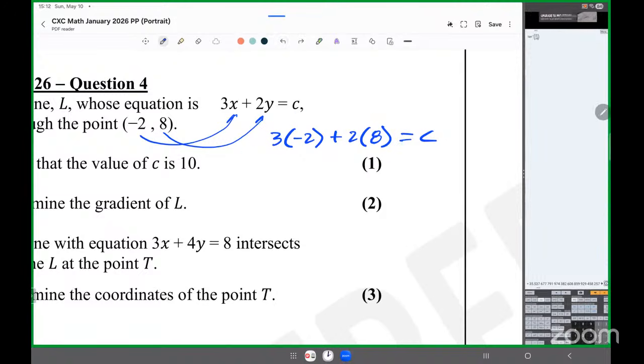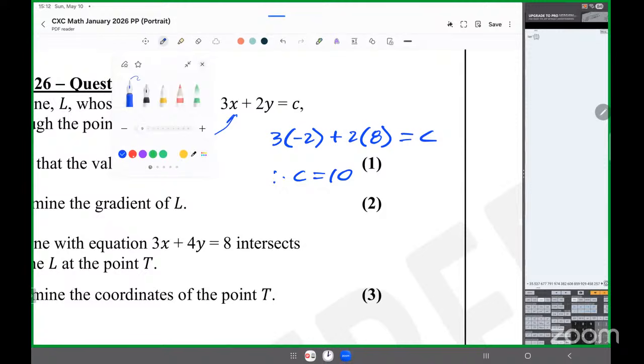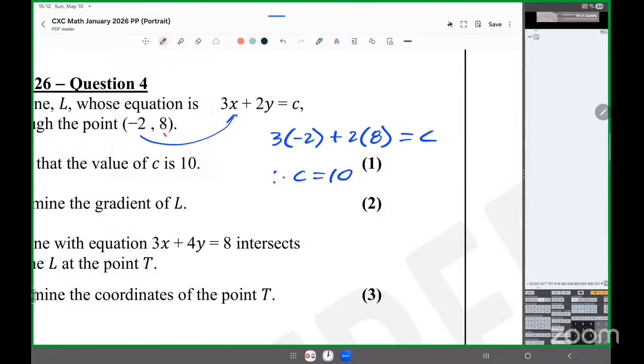That's 10. C equals 10, true. Very good. All right, I'm changing the color of these two lines so you can see them separately. So we put the negative 2 for the X and the 8 for the Y right here. That's what we did. Substitute them. The point is on the line, so it satisfies the equation of the line.